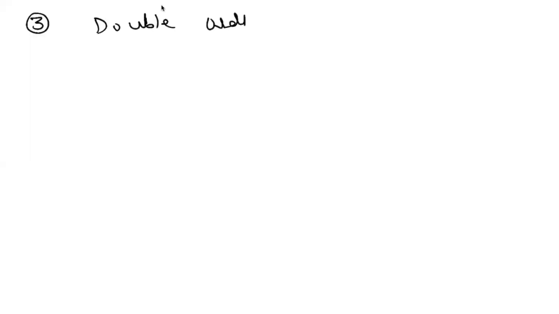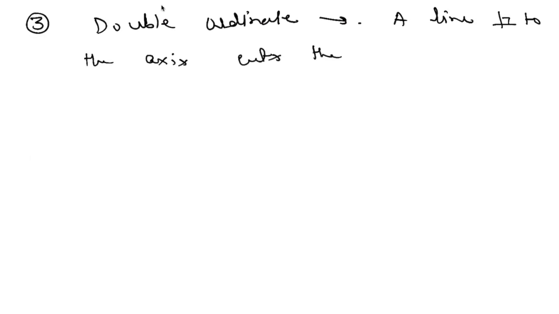double ordinate. Ordinate means y-axis, right? A line perpendicular to the axis cuts the parabola at 2 points.